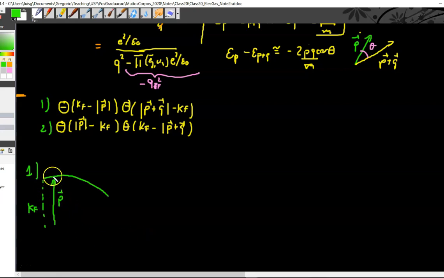It can be close, but it has to be a little bit smaller, while P plus Q has to be larger. So I would have something like that: P plus Q larger than kF.